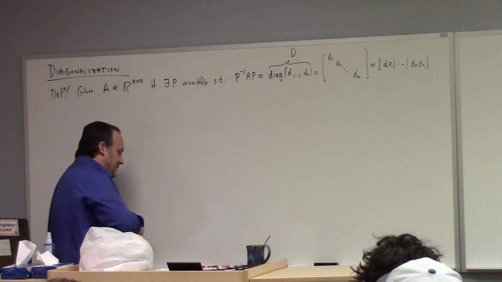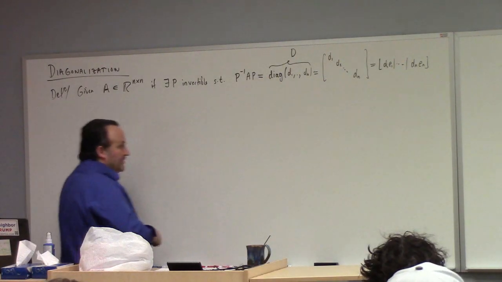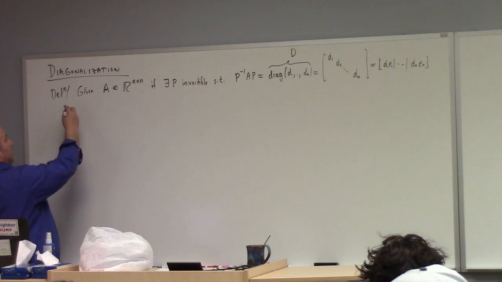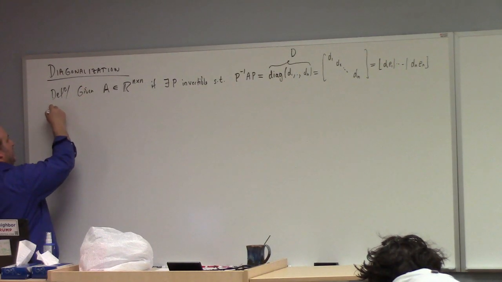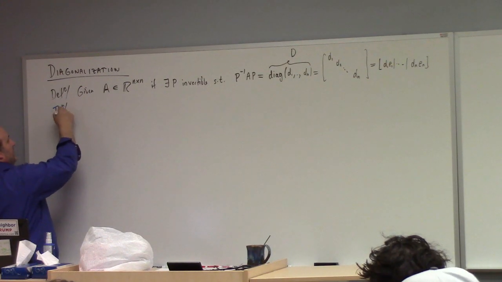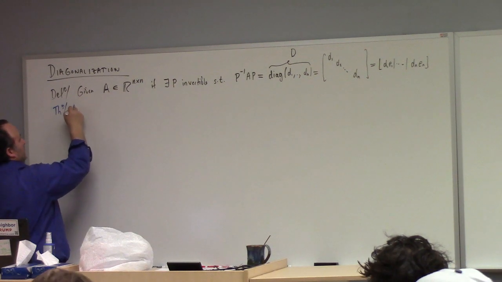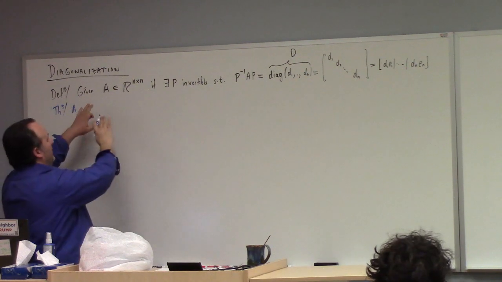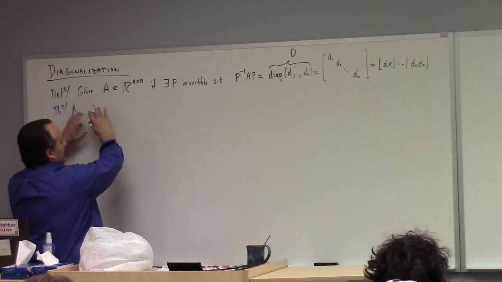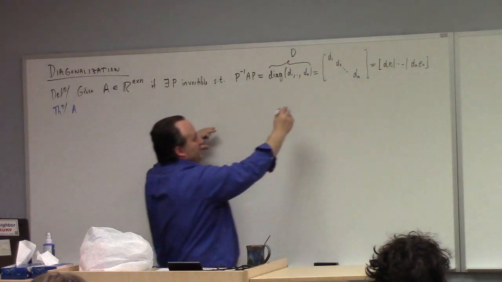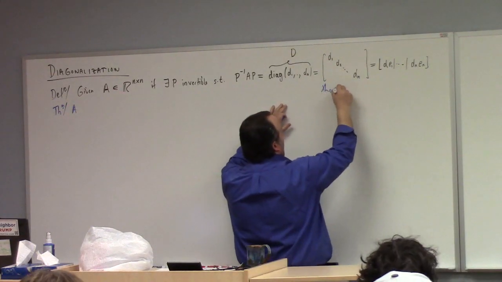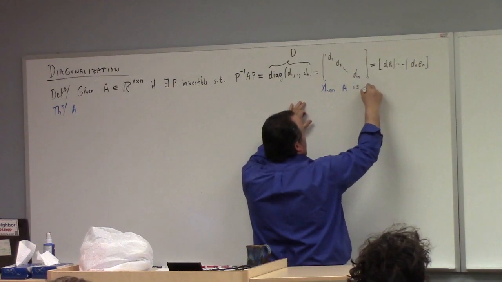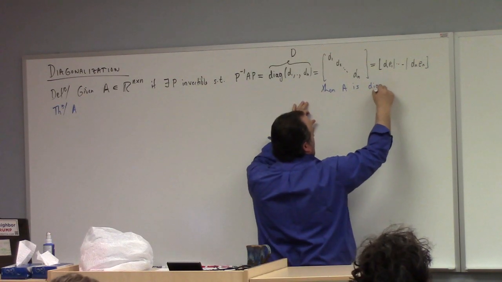Now the theorem I proved before break, if you missed it, and a lot of you were here, but some of you weren't, is simply this. Given A, if there exists P, then A is diagonalizable.